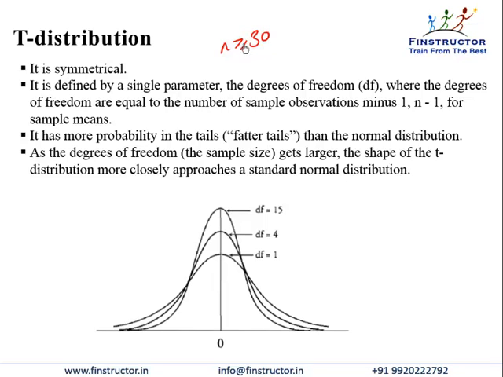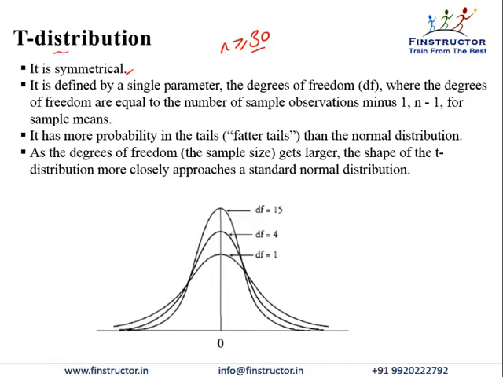In some circumstances, however, even with smaller sample sizes, we can apply our statistics with the help of a t distribution. So a t distribution is symmetrical like the normal distribution. It is a bell-shaped curve also like the normal distribution.